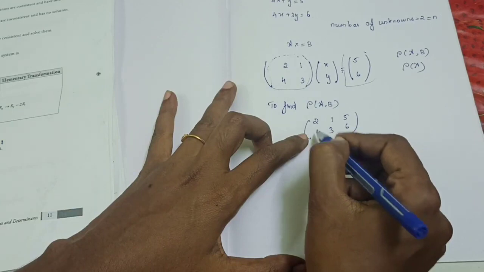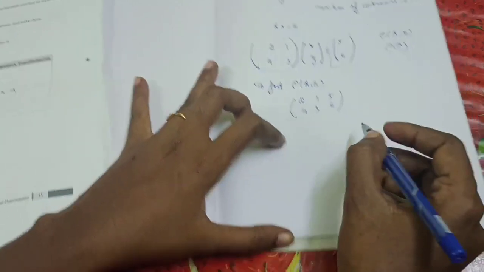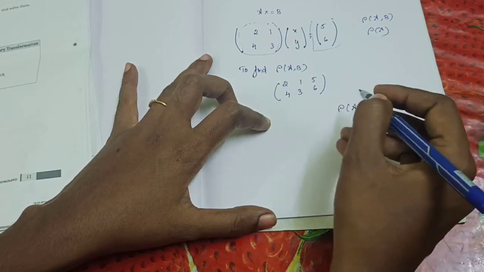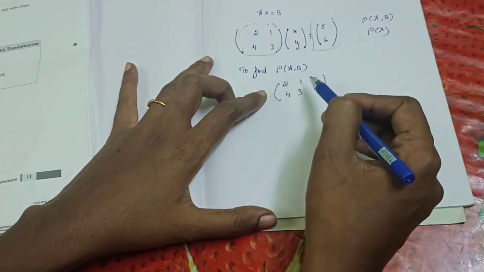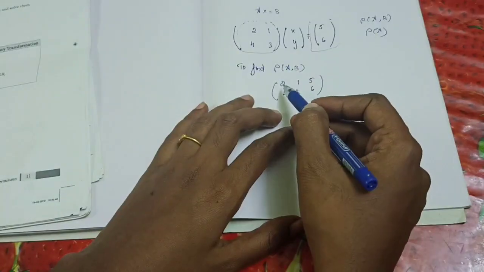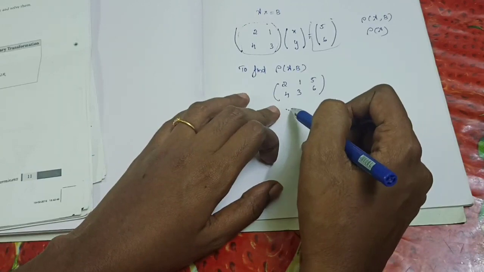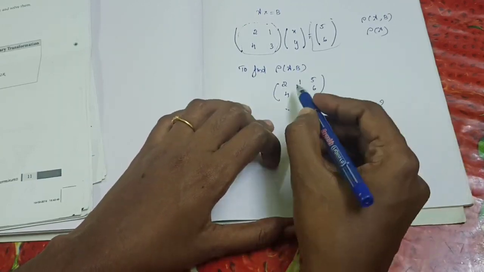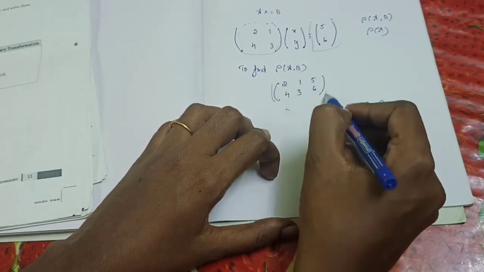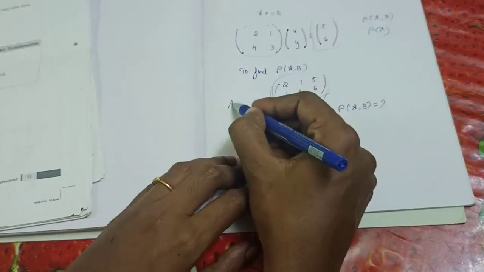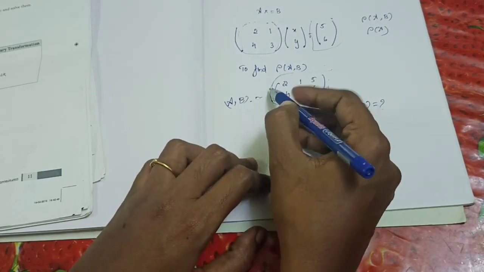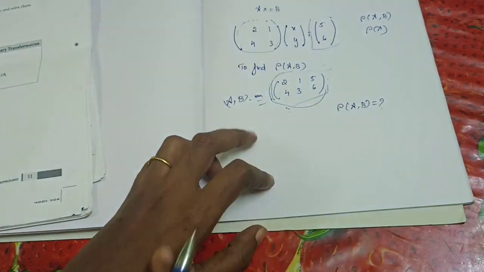Now when you find the rank of this particular matrix, we get the rank of A comma B. This A matrix and B matrix I have combined. You know how to find the rank of a matrix. This matrix, A comma B, we call the augmented matrix.